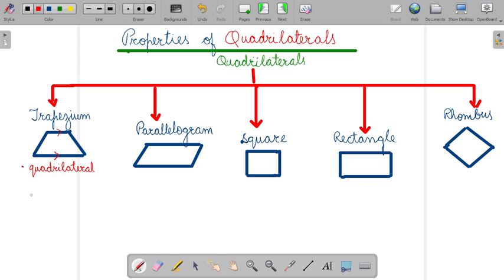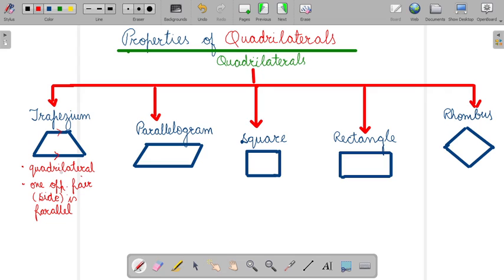So the next property is that one opposite pair of sides should be parallel. This is a property of a trapezium.